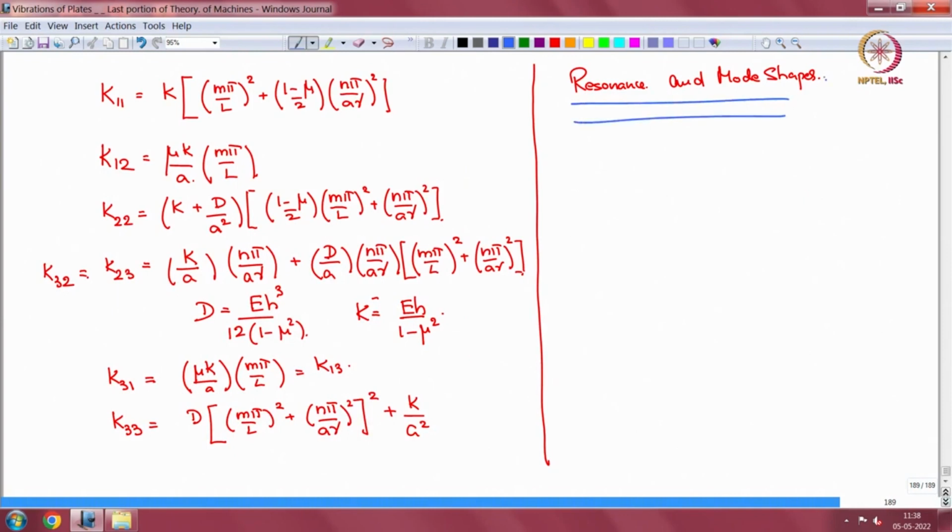Now after this, without so much elaboration, just as we have done before, you can compute the forced response.